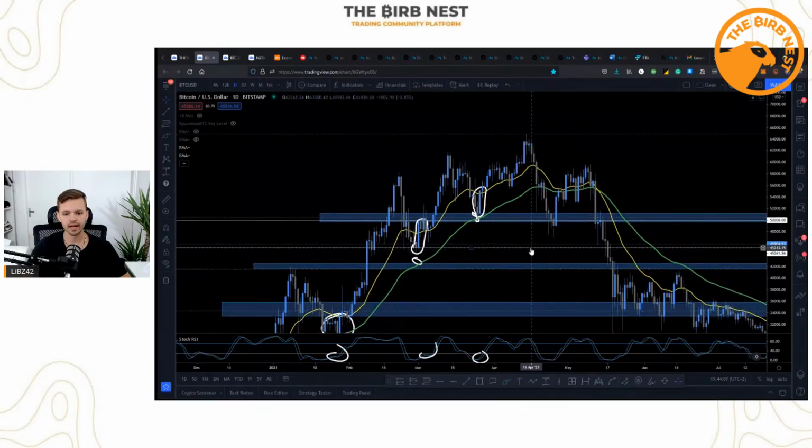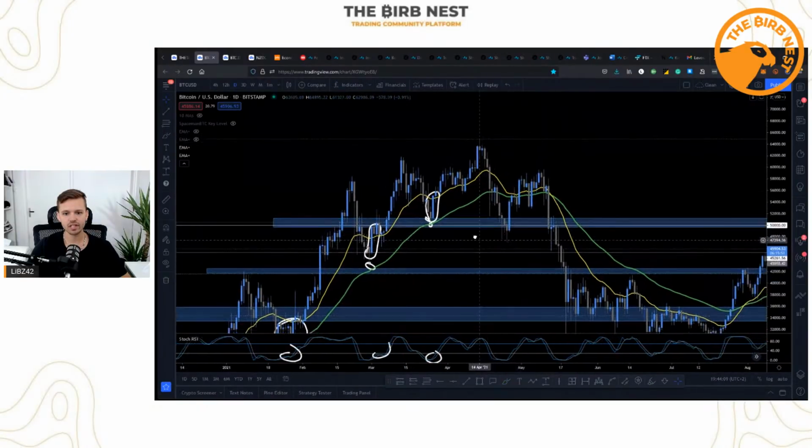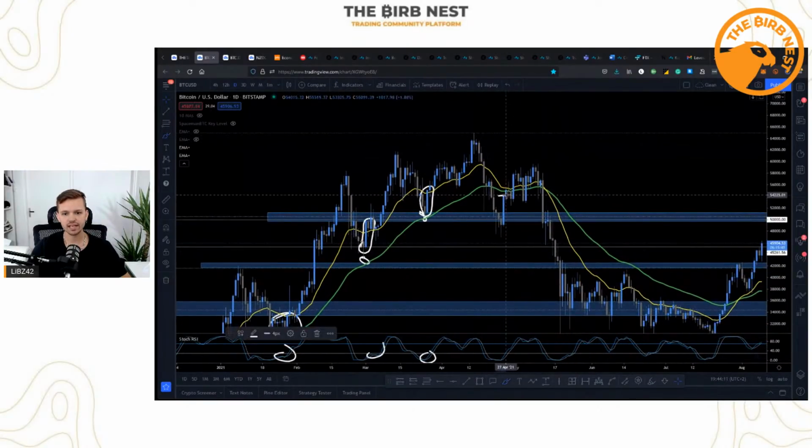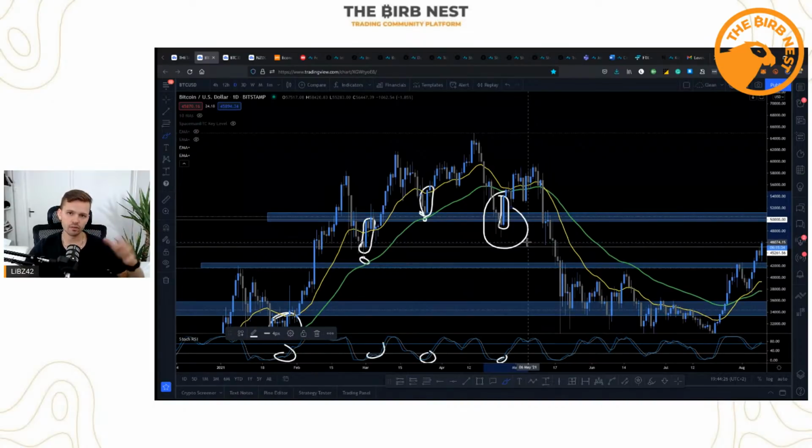Now, the difference here is when you have this daily bullish engulfing right here with a stochastic bull cross, you're actually below the moving averages. So even though this part of the behavior is still intact, you know what I mean? You have different components of the behavior of the market structure.